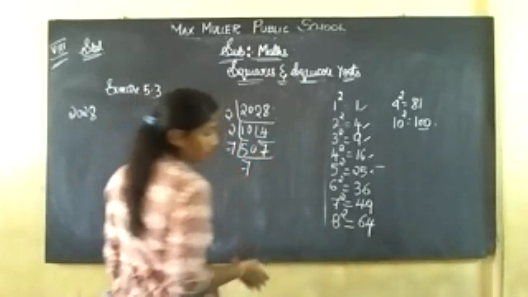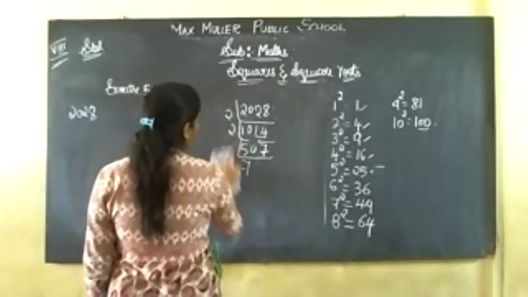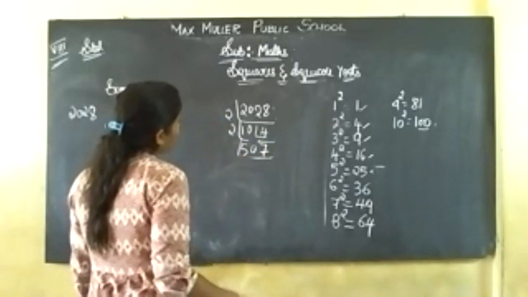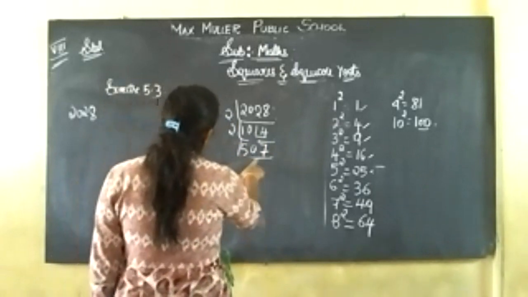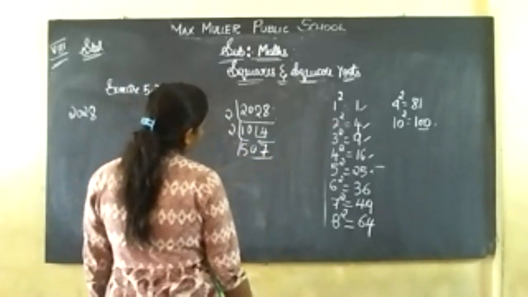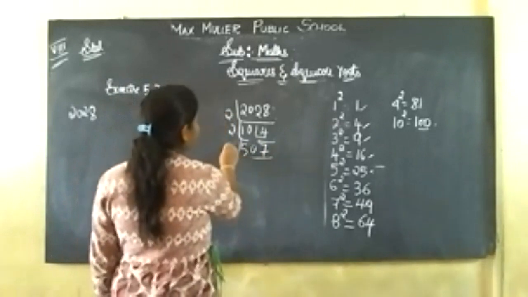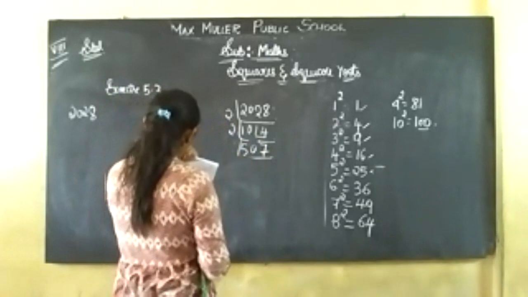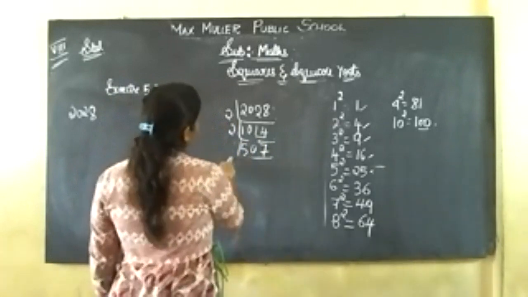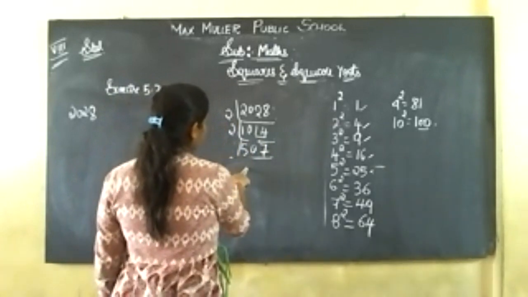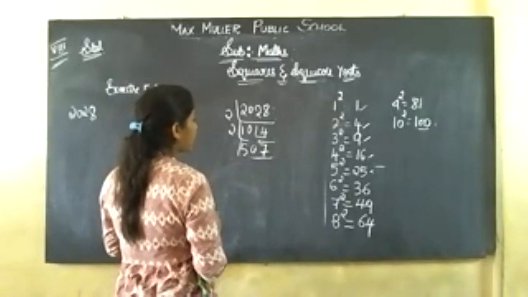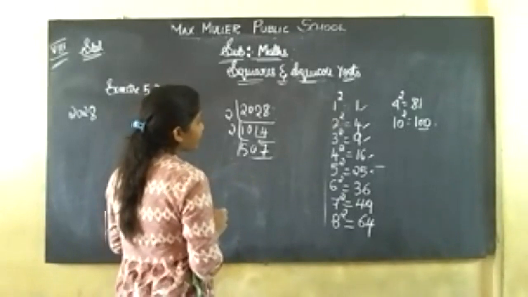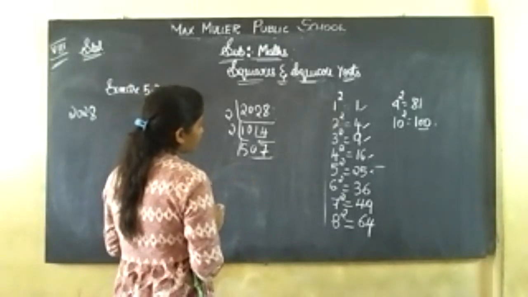No, you can't. So with which number is this divisible? 2, no. 7 also no. 3 is also no.